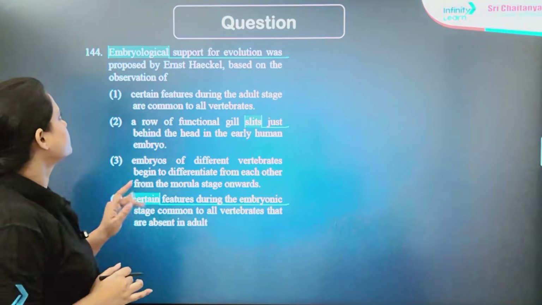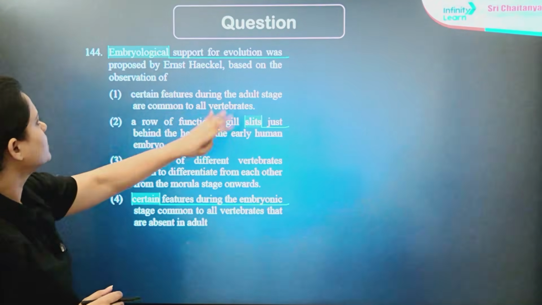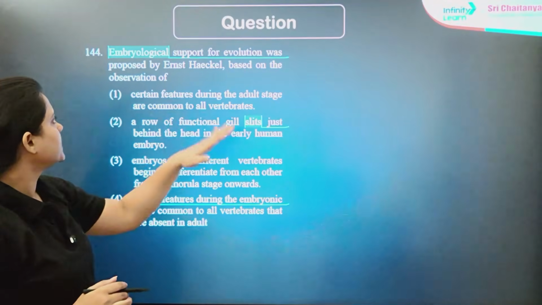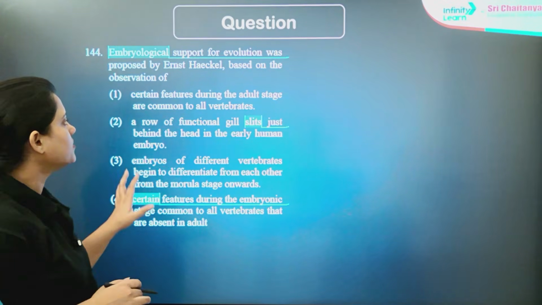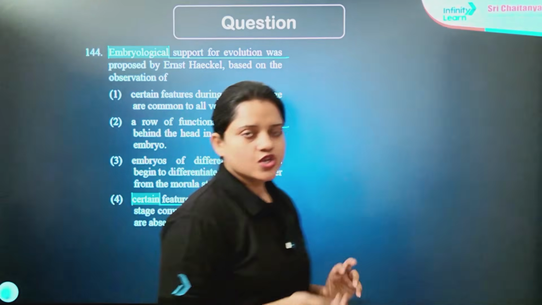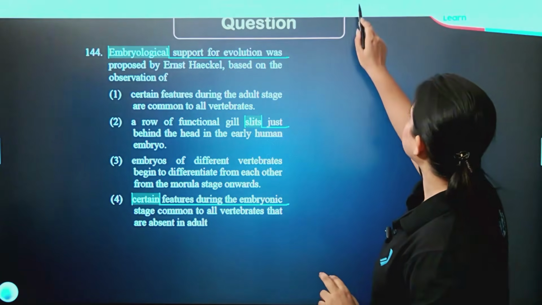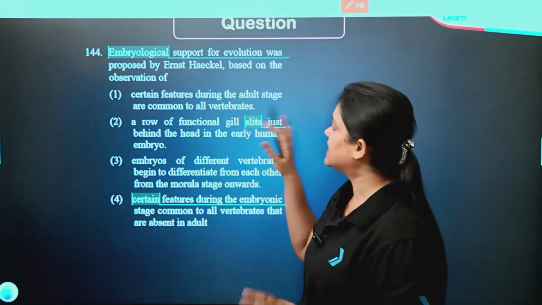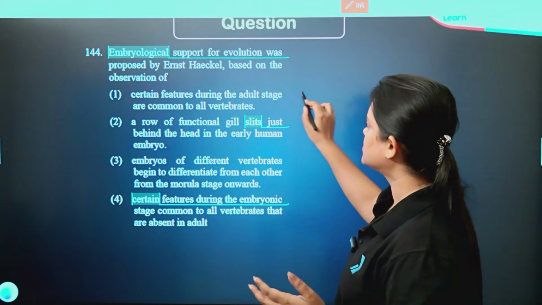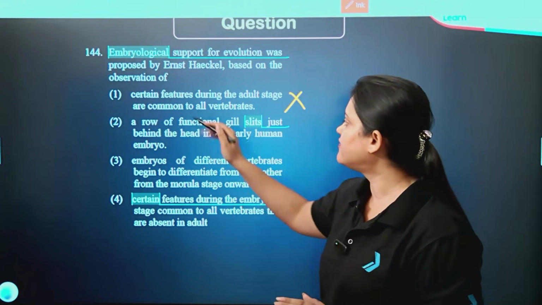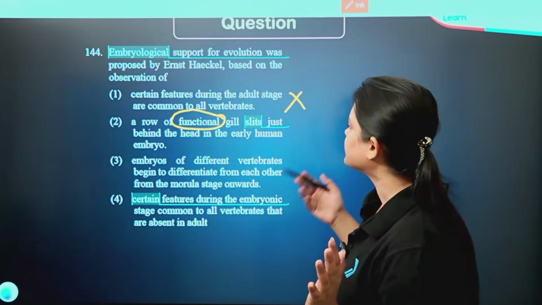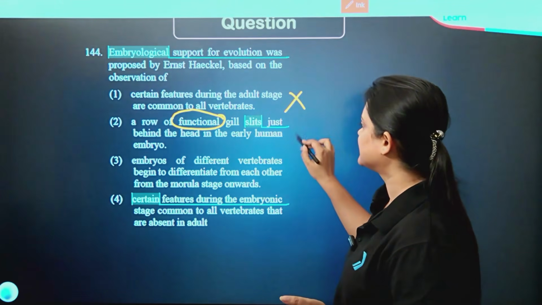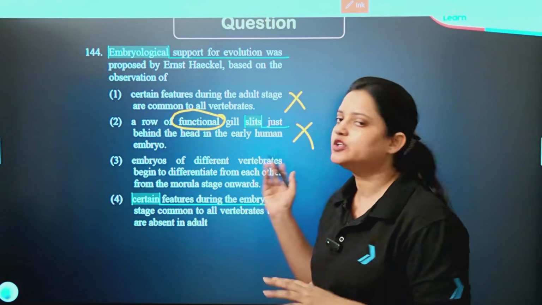Question number 144. Embryological support for evolution was proposed by Ernst Haeckel based on the observation of certain features during the adult stage are common in all vertebrates. So when we talk about certain features during the adult stage being common in all vertebrates, no, it is false. A row of functional gill slits. So not all vertebrates will have functional gill slits, even not there in human embryo.